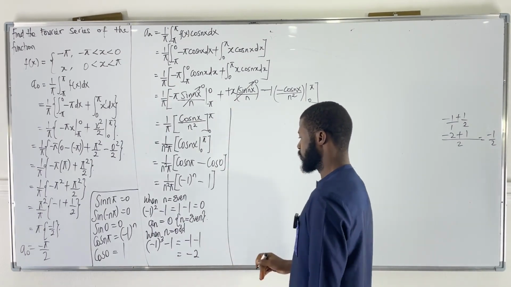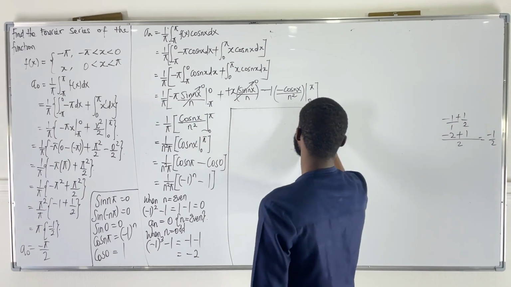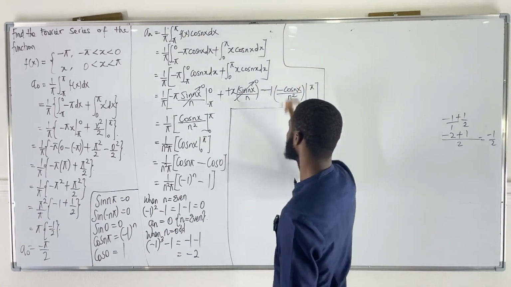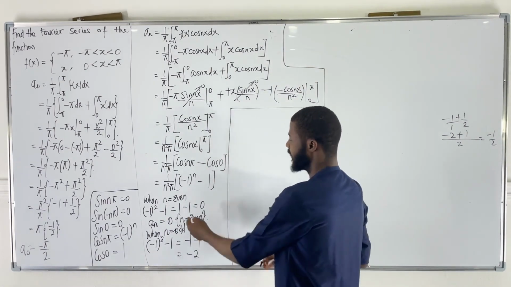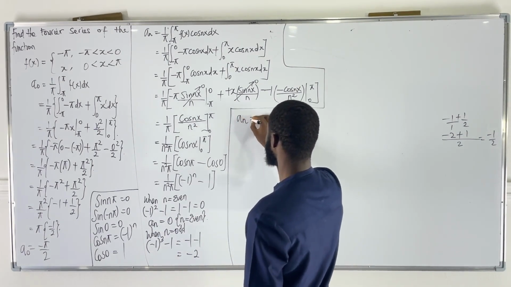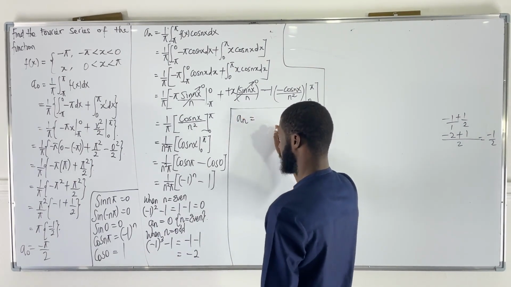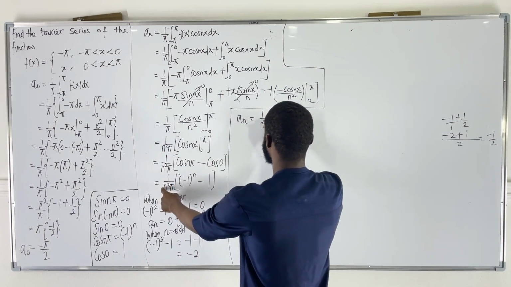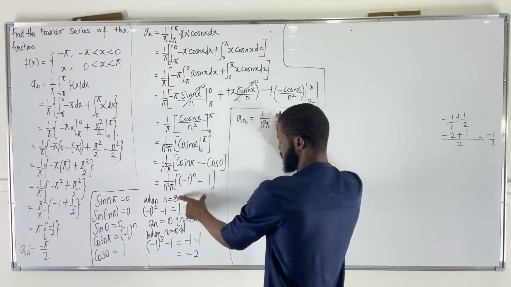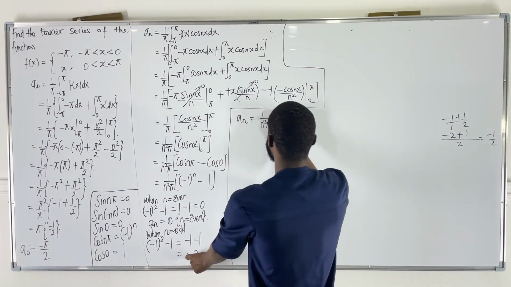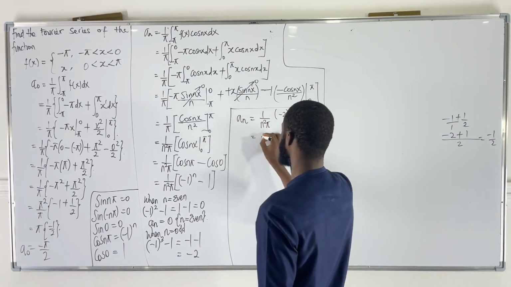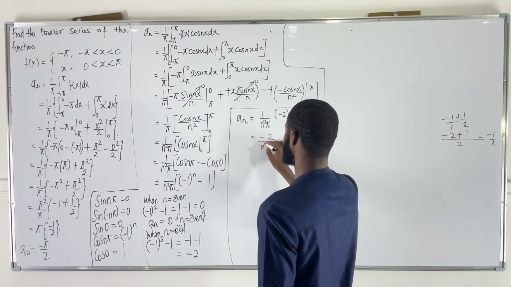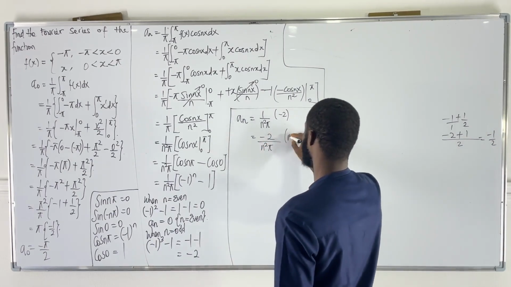Okay. So right now, my a sub n will then become 1 over n squared pi. Now this bracket gave minus 2 when it's odd. So that means this will then become minus 2 over n squared pi when n is odd.